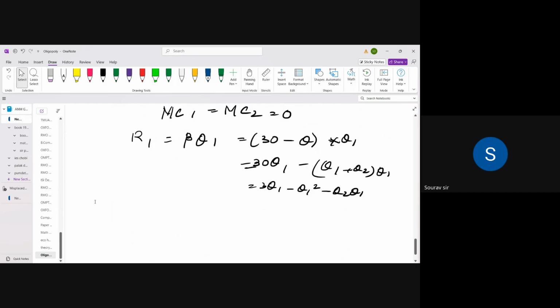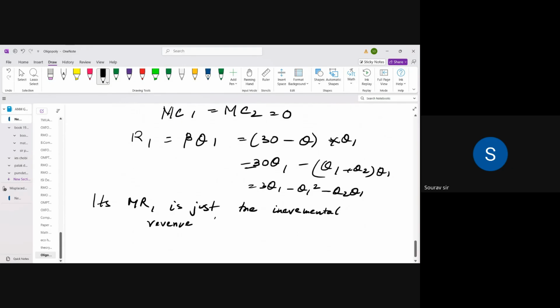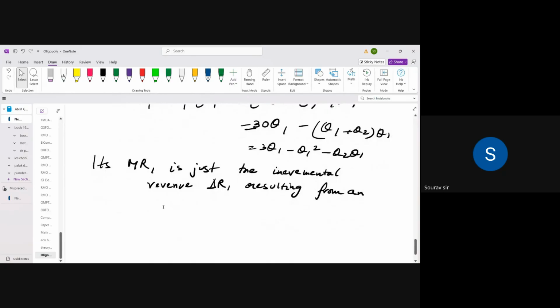Marginal revenue is just the incremental revenue resulting from an incremental change in output.